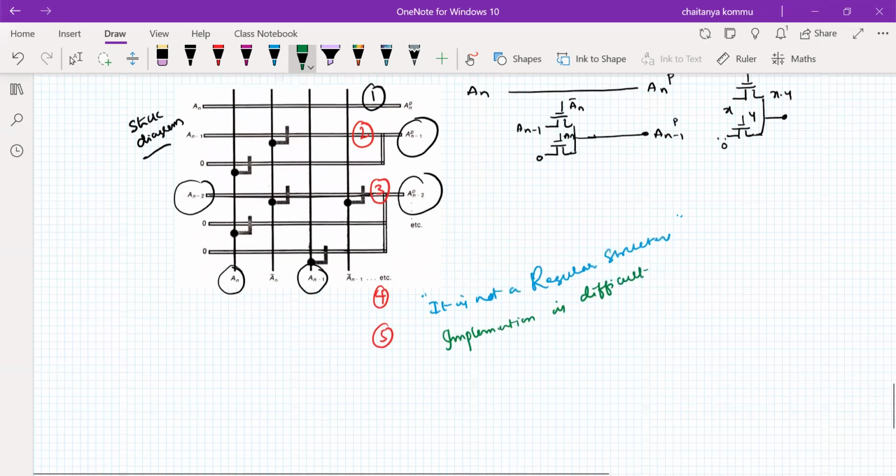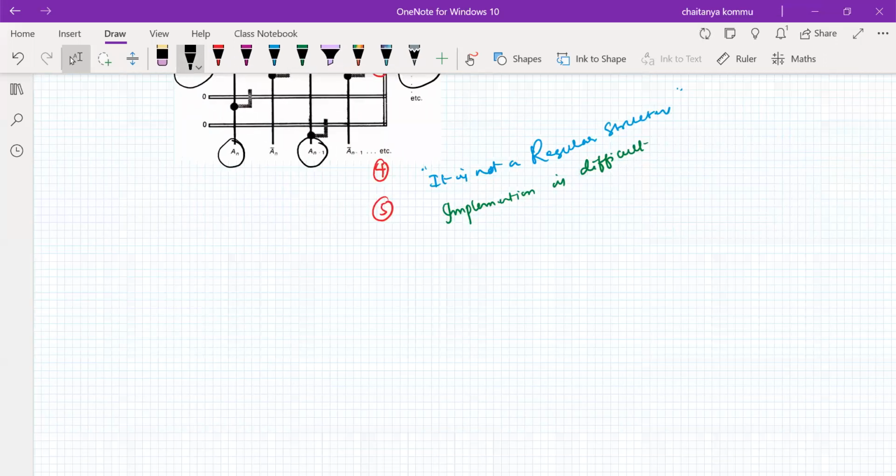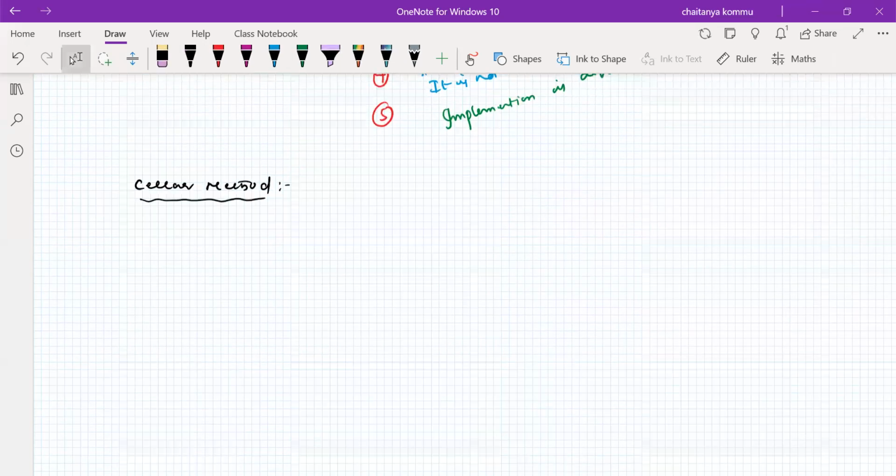So what we have to do is convert this structure into a different method. That is called the cellular method. By using the cellular method, we have to convert this irregular structure into a regular fashion using different methods.